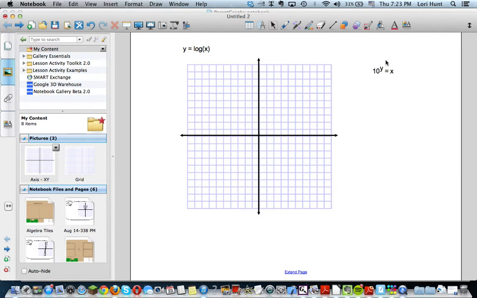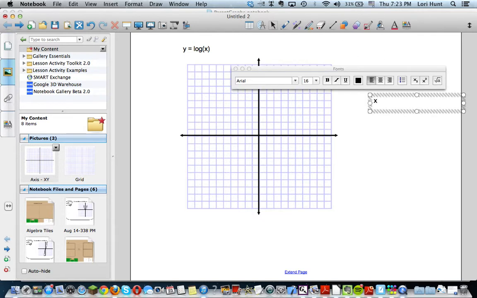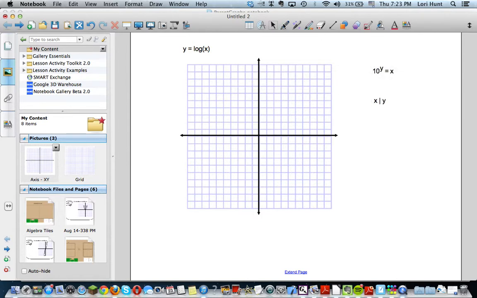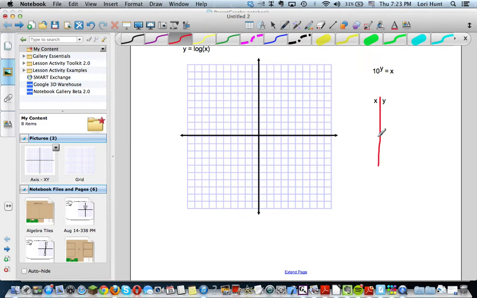And then you could do an XY chart and you could find out all the values for x and y. I would start, of course, with picking some y values. I always like to pick some positives and negatives.